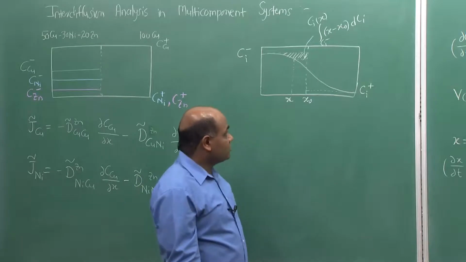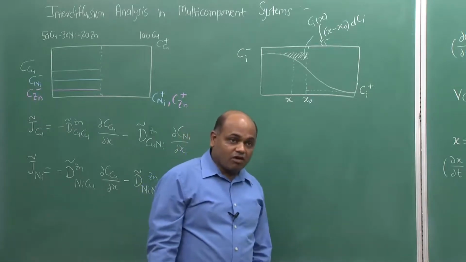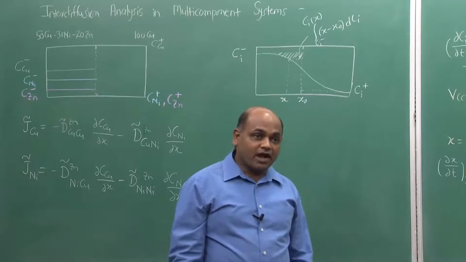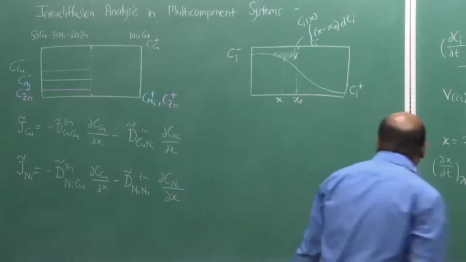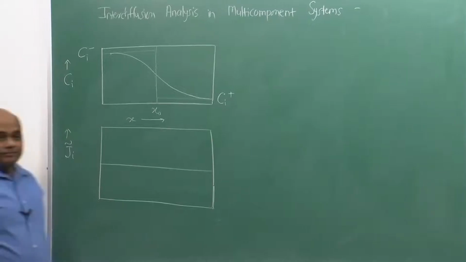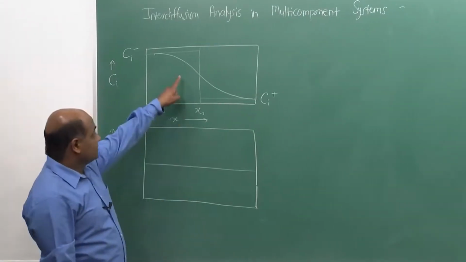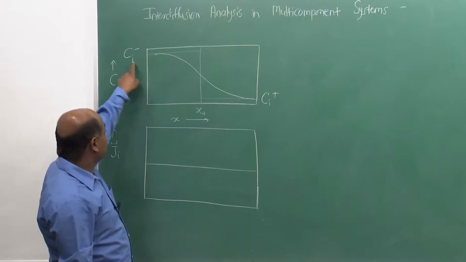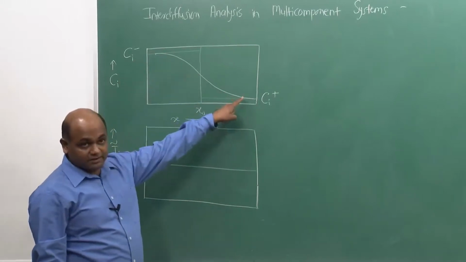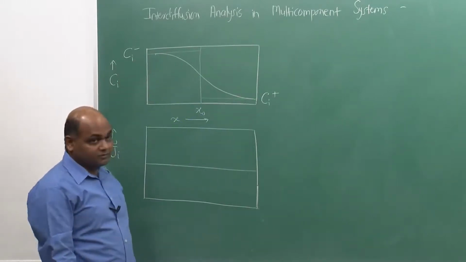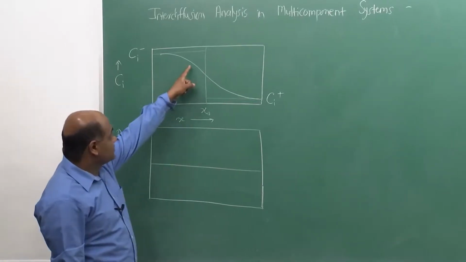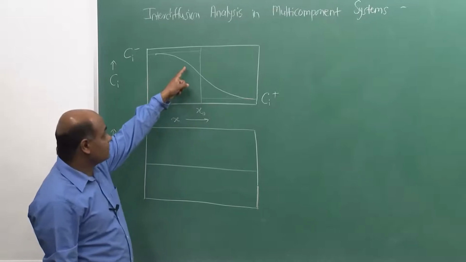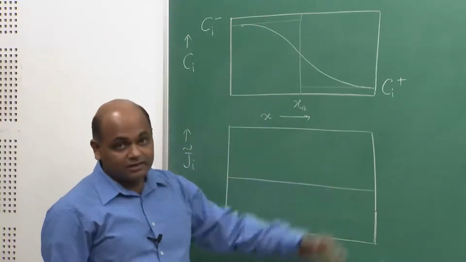Now, let us try to look at the nature of the diffusion flux profiles that can be obtained. So, consider again this concentration profile of component i, which is developed in the diffusion zone after the diffusion annealing time t, and we want to determine the interdiffusion flux and see the nature of the diffusion flux profile in the diffusion zone.